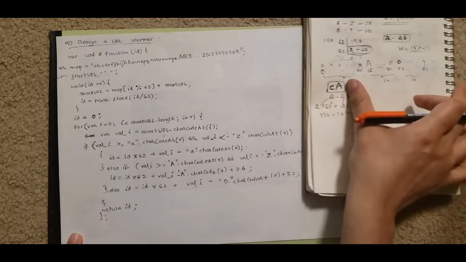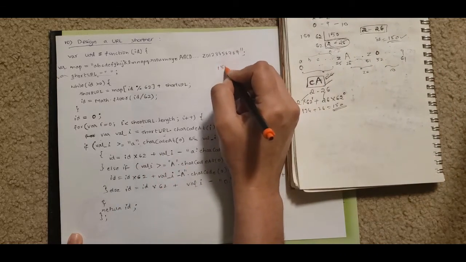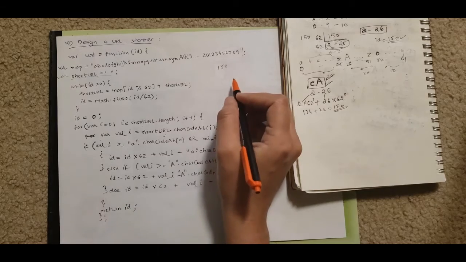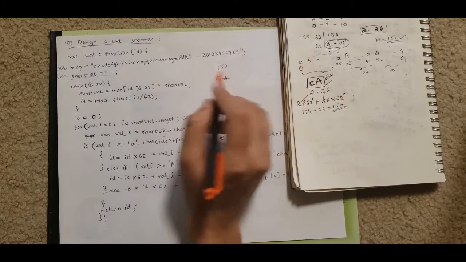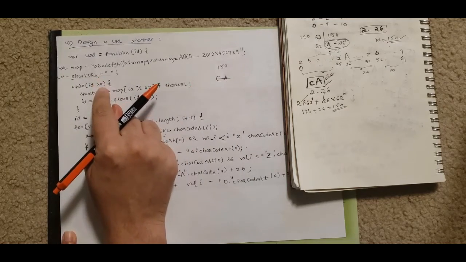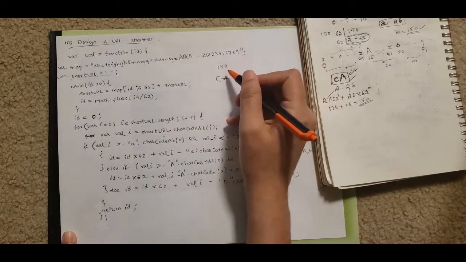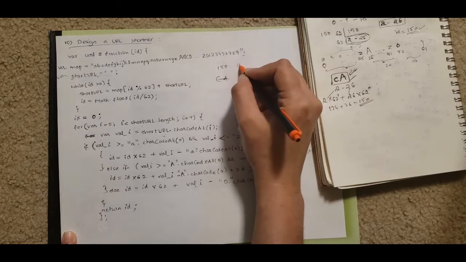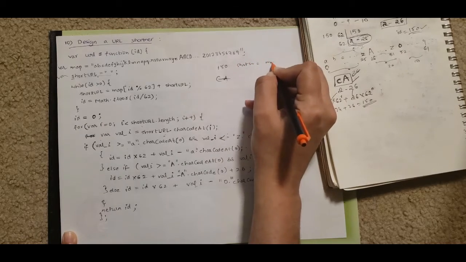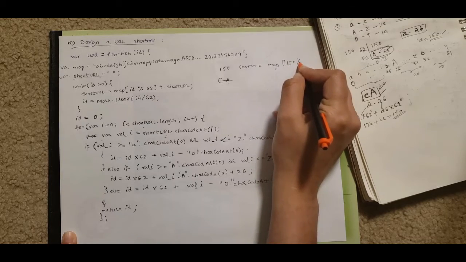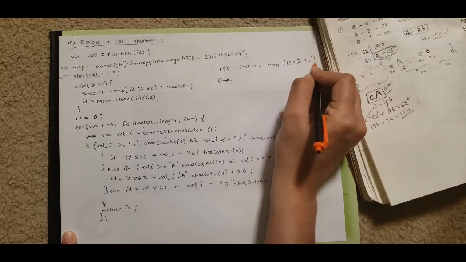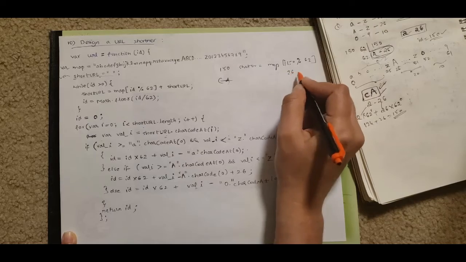If we take 150 as an example, we got cA, right? So how do we get cA? Let me walk you through this. When ID is greater than 0, short URL is map of 150 mod 62, that is 26.